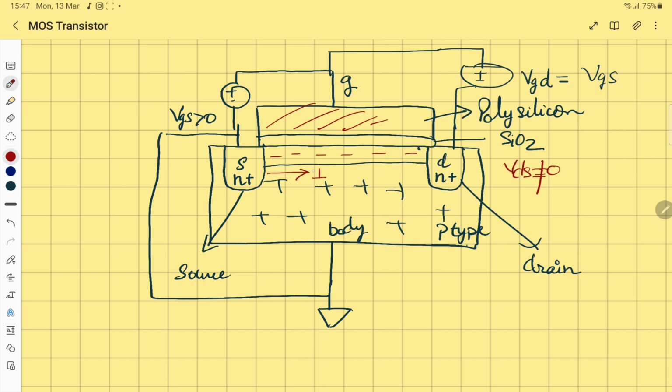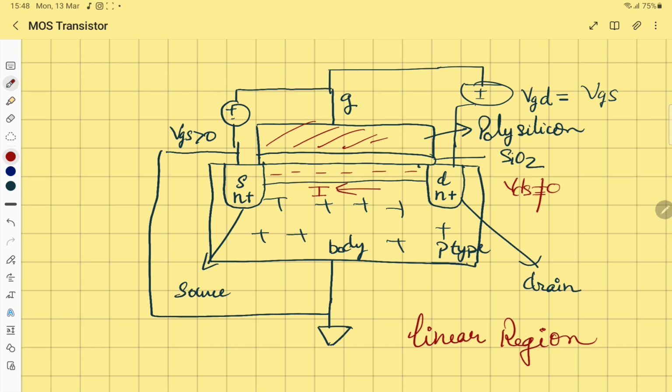The electrons will start flowing from source to drain, and therefore the current will be flowing from drain to source, right? So this region of operation of a MOSFET is the linear region, okay?